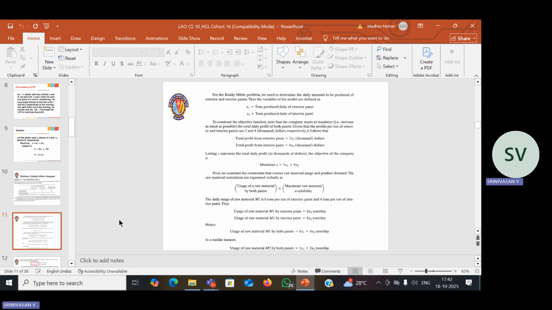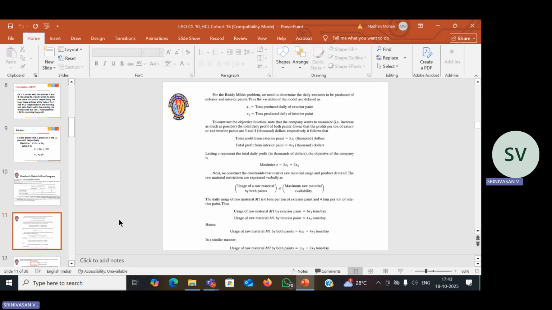To construct the objective function, we note that the company wants to maximize, that is increase the profit as much as possible, the total daily profit of both paints. Given that the profits per ton of exterior and interior paints are 5 and 4 in $1,000 respectively, the total profit from exterior paint, with X1 tons produced at 5,000 each, is 5x1 in $1,000.